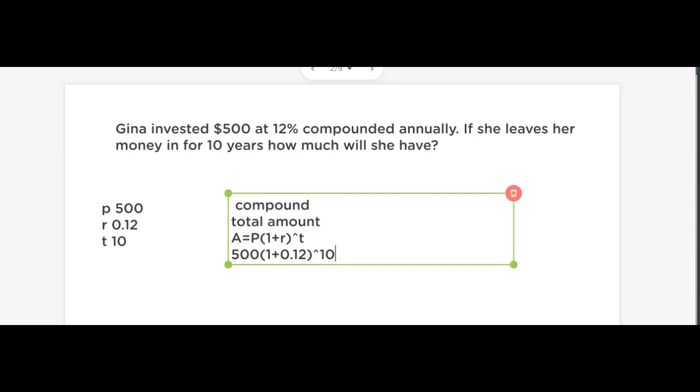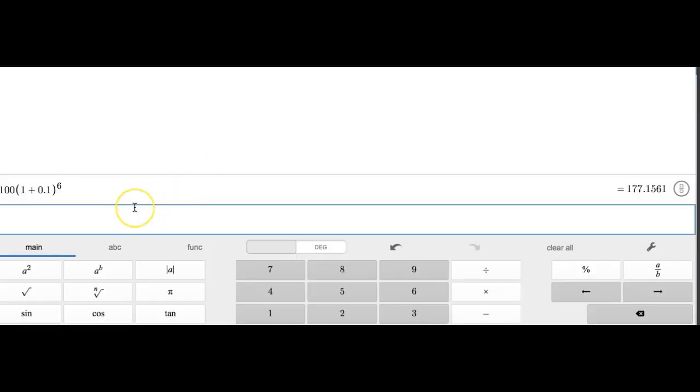Okay, let's go ahead and go to our calculator. We have 500(1 plus 0.12). Remember, this is how you get your exponents, and that's going to be raised to the 10th power. And there is our answer.